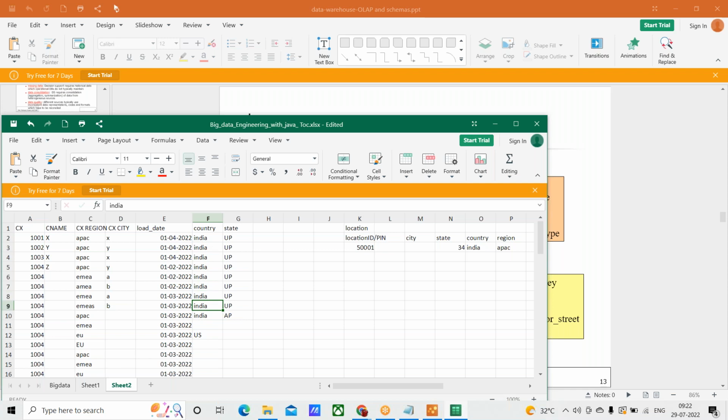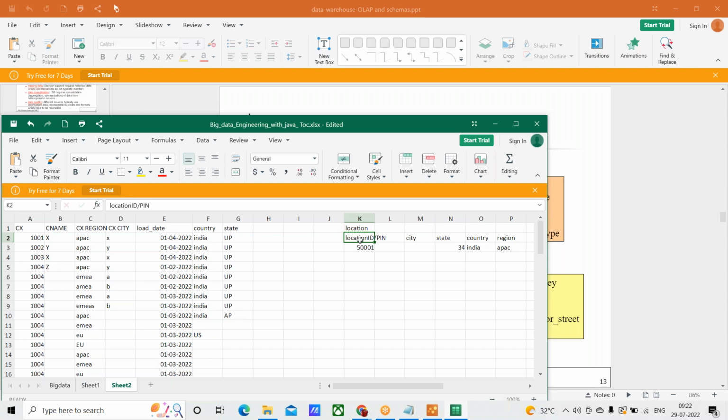But if you divide this state or region or location as a separate table or entity, then you will reduce the redundancy. Redundancy means duplicate values. So how we are avoiding the redundancy is by splitting the table. Splitting the table is called normalization.